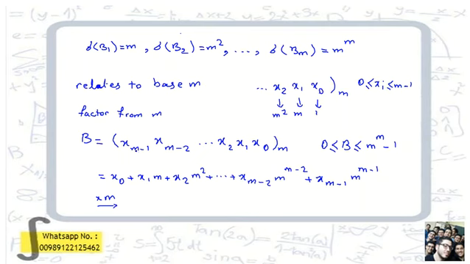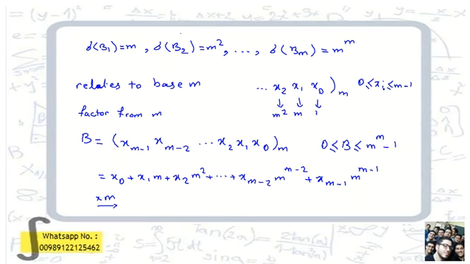At first I say consider x_{m-1}, x_{m-2} to x0 in base m, and these xi, because they are in base m, are between 0 and m minus 1. So the smallest number is when all of them equal 0, so B equals 0, and the largest number is when all of them equal m minus 1, which gives m to the m minus 1.